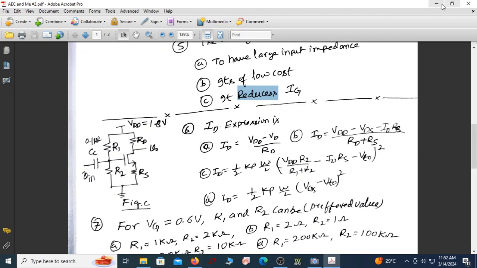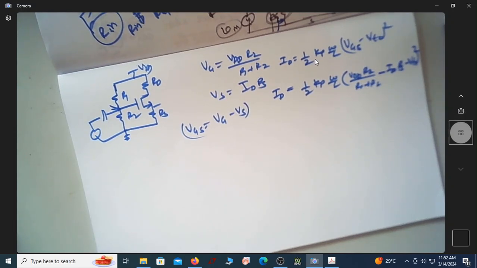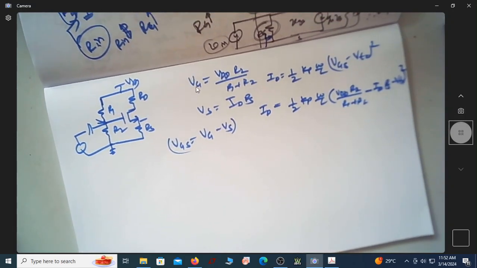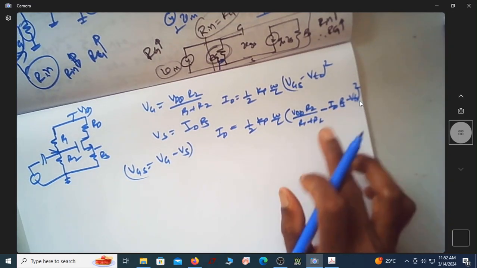We know that the drain current flowing through this is given by the expression half Kp W by L, VGS minus VT, whole square, whereas the voltage at the gate is nothing but VDD into R2 by R1 plus R2. The voltage at the source is ID into RS. So if you want to substitute for VGS, VGS is nothing but VG minus VS. So VGS is VDD into R2 by R1 plus R2 minus ID into RS. This is minus VTO. This is the expression for ID.